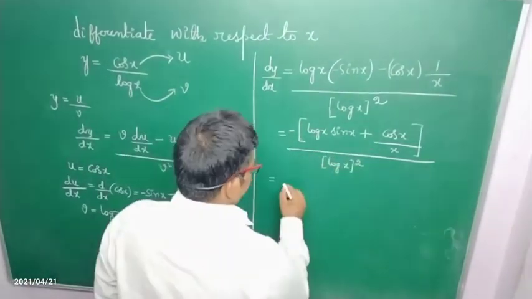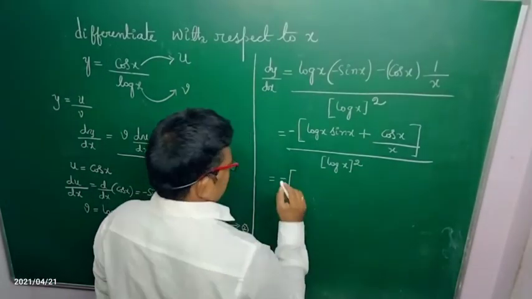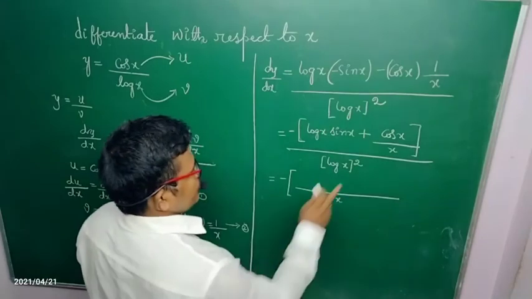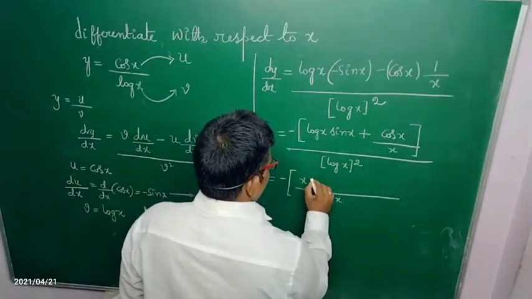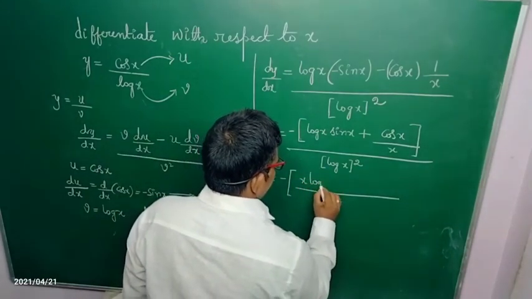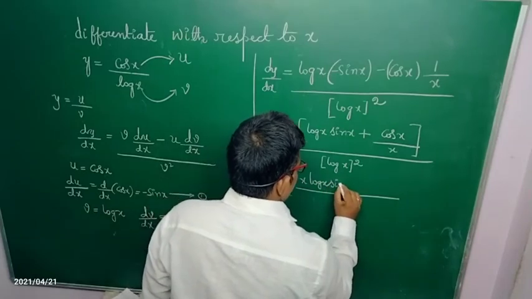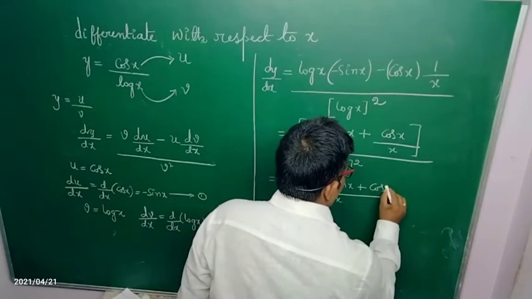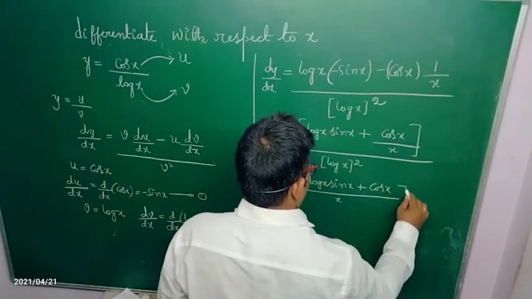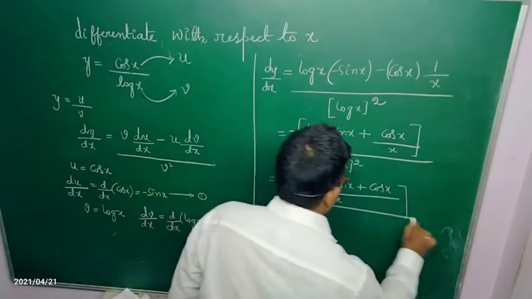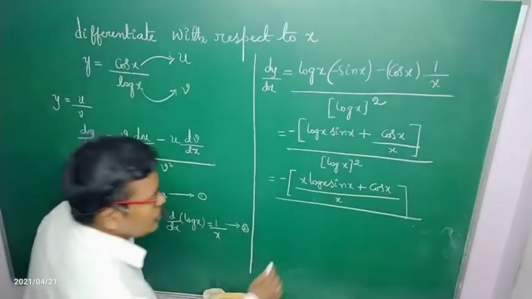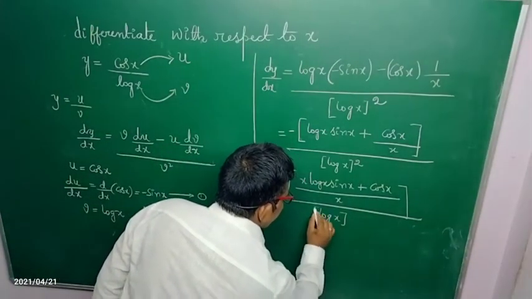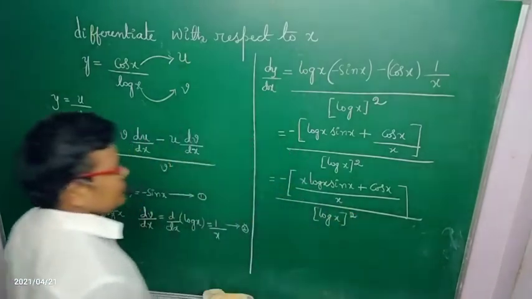Now take the LCM. LCM is x. So x log x sin x plus cos x by log x whole square. Okay.